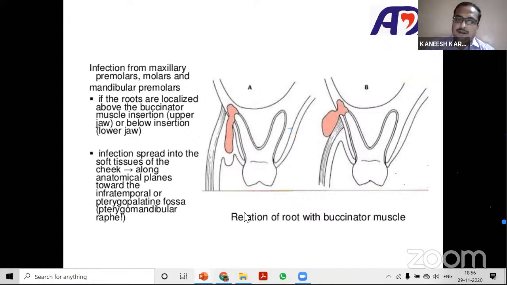In the mandible it is the reverse: if the muscle attachment is above the apices of the root, then the infection spreads intraorally into the vestibule. If the muscle attachment is below the apices of the root, then it spreads extraorally into the buccal space.